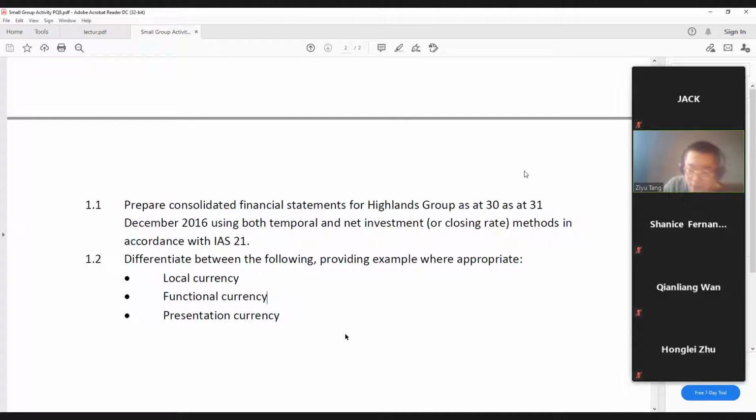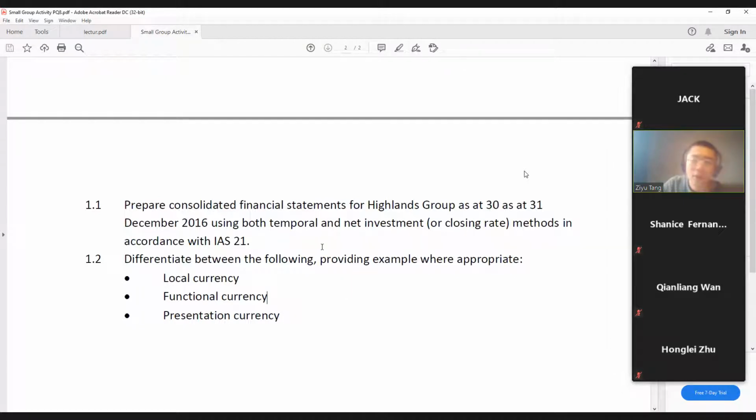It has 6 points: the currency that mainly influences the sale price of its products, the currency of the country where competitive forces and regulations mainly determine prices, and so on. And the currency that mainly influences labor, material, and other costs. The currency that mainly influences the funds you raised, and the currency that mainly influences receipts and also the costs.